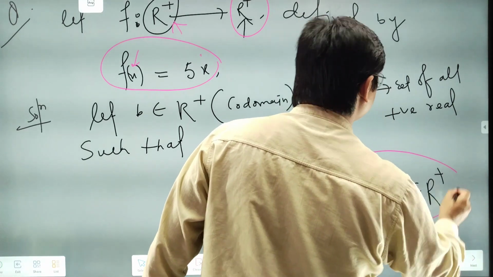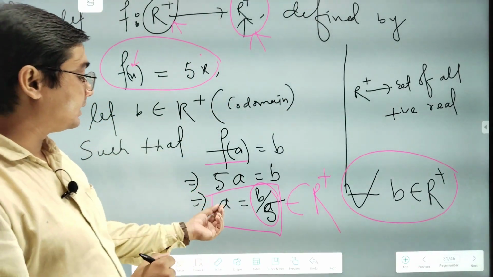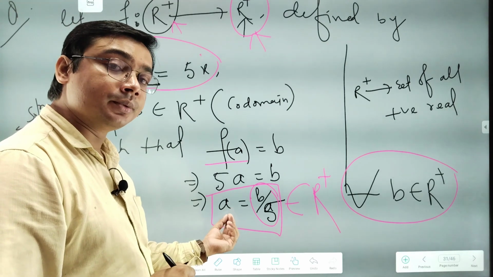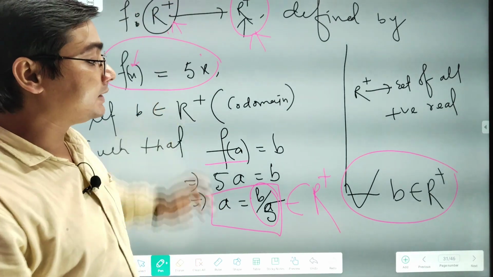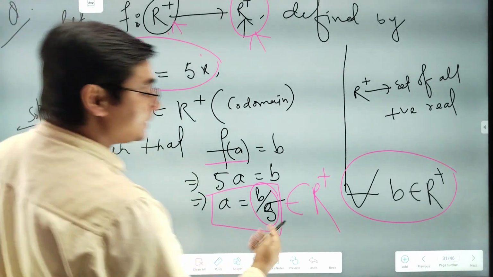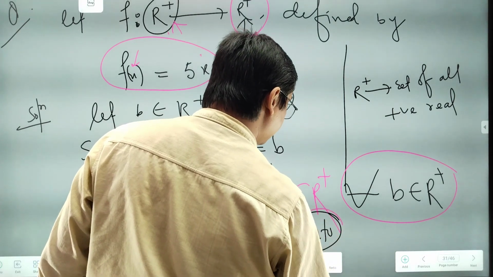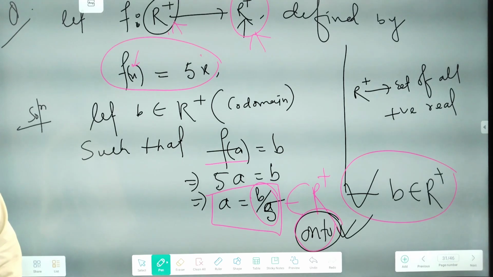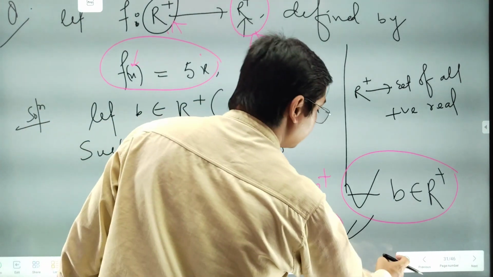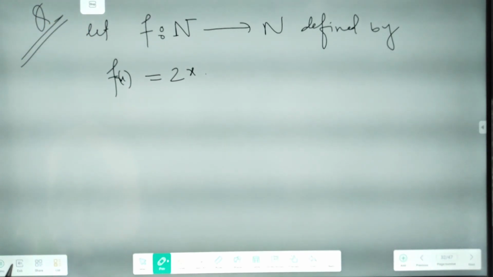Take any B in this set, and for that B you will get the corresponding value of A, which will be in this set. That means this function is onto. Yes guys, this function is onto.